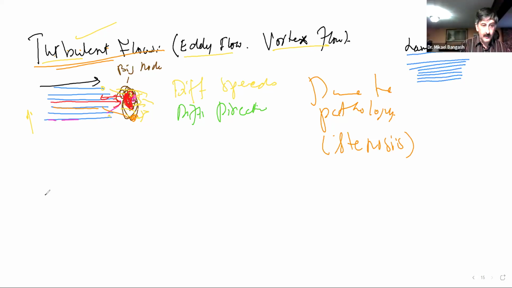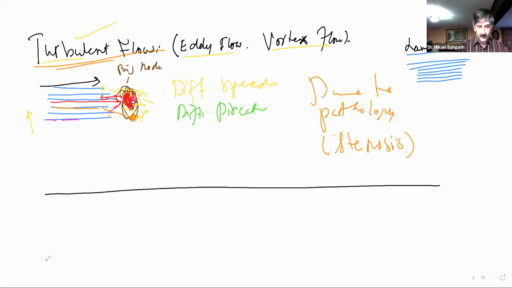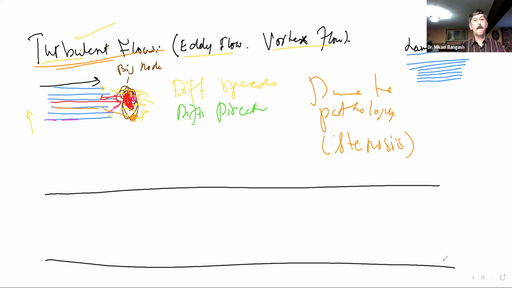Let's say this here was a blood vessel, and the blood is flowing in this direction, which means it starts from over here but flows in this direction.